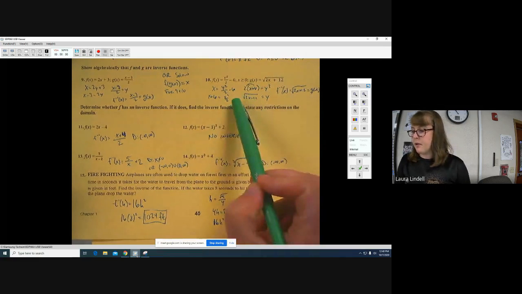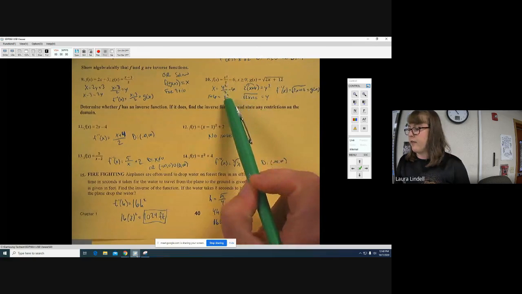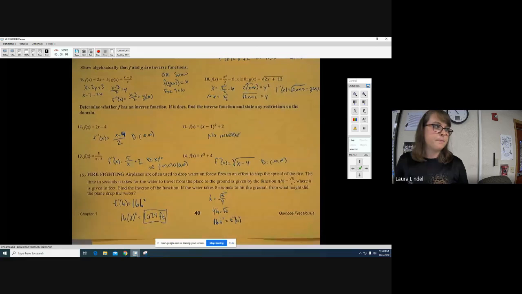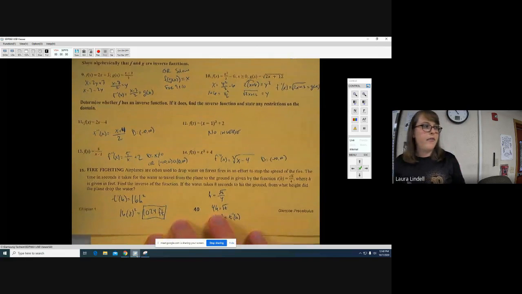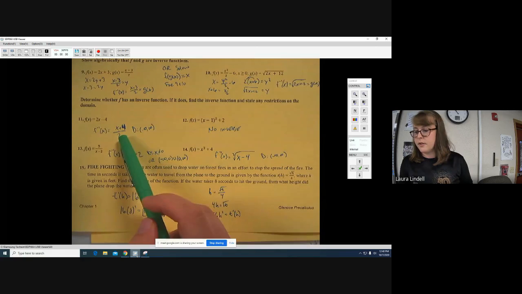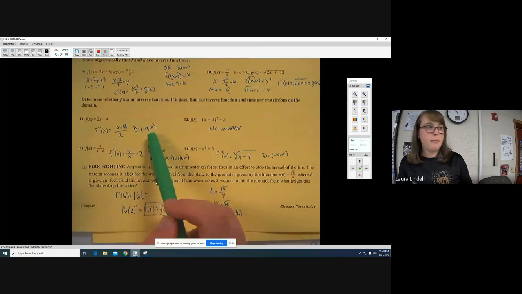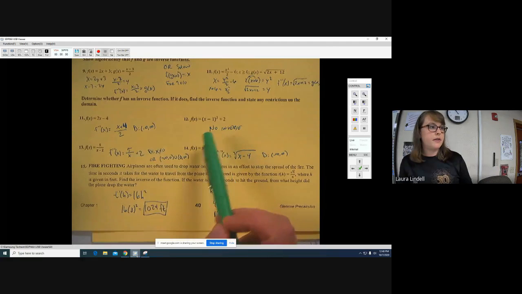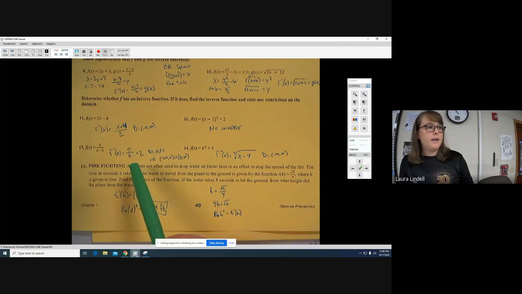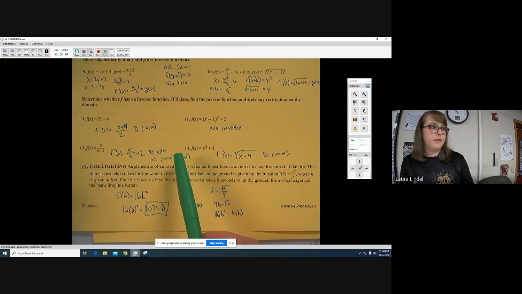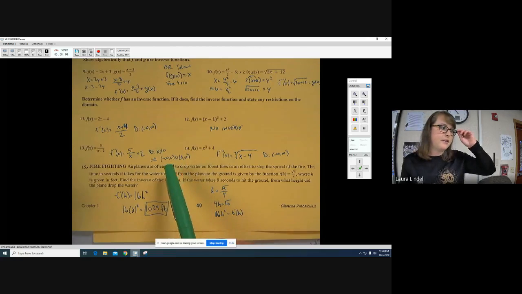Same thing happens for number 10. I go through and find the inverse of f of x, and it turns out that it is equal to g of x. 11, finding the inverse, should get x plus 4 over 2, and there was no domain restriction there. Number 12 has no inverse. 13, we should get 5 over x plus 2, and the domain is x values except for 0. So x is not equal to 0.